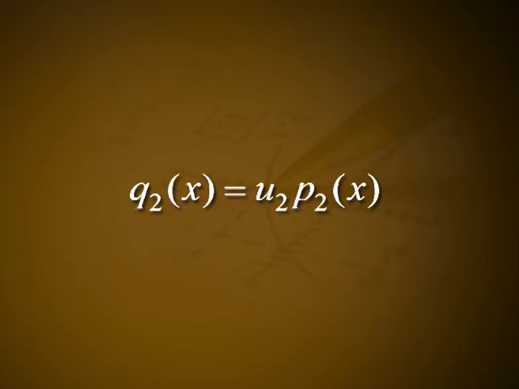Then substituting u1 p1(x) for q1(x) and cancelling, equation 2 becomes p2(x) ... pr(x) equals u1 q2(x) ... qs(x). By a similar argument, say q2(x) is equal to u2 p2(x), we have p3(x) ... pr(x) equals u1 u2 q3(x) ... qs(x).